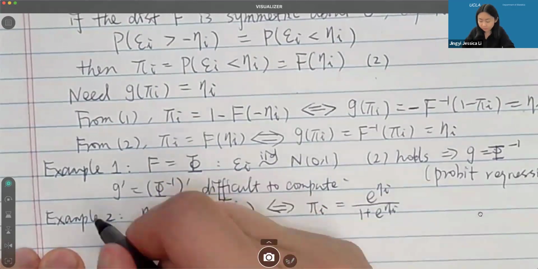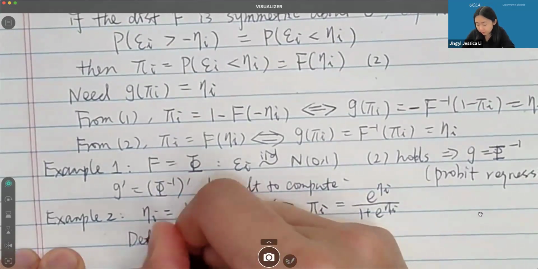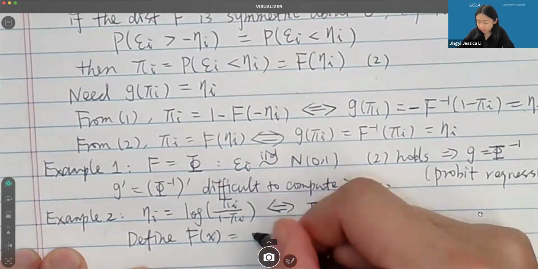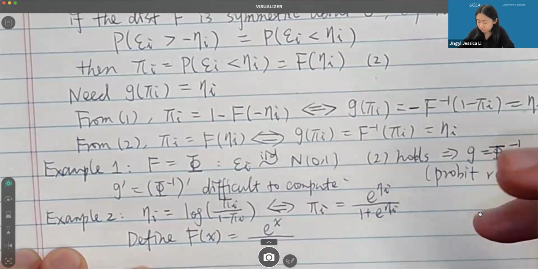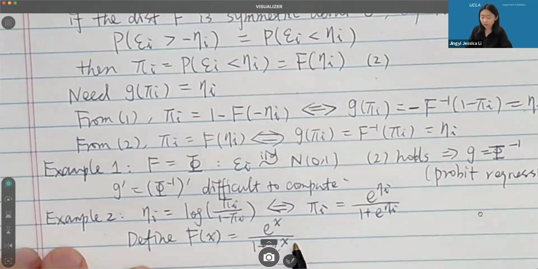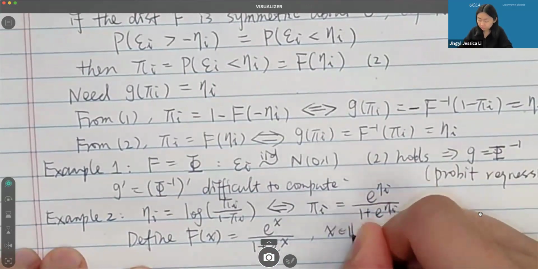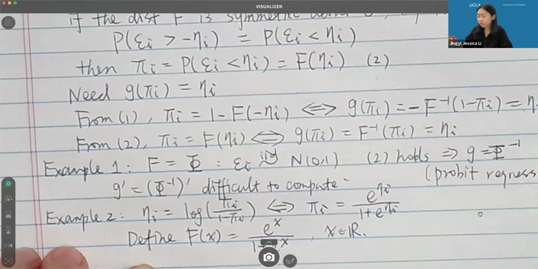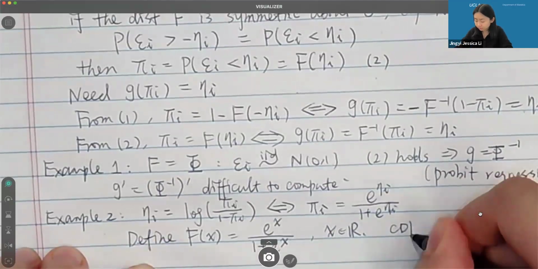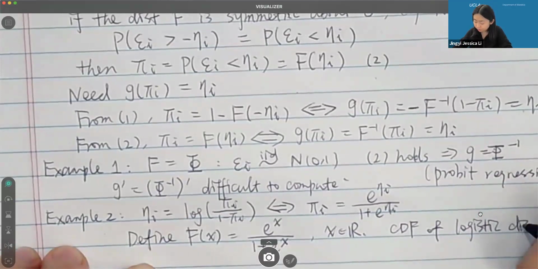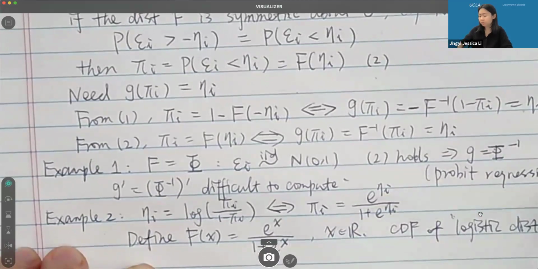If we define the CDF function F(x) as exponential x over 1 plus exponential x, where x can take real values, this CDF function is defined to be the CDF of a distribution called the logistic distribution. This is something we define.